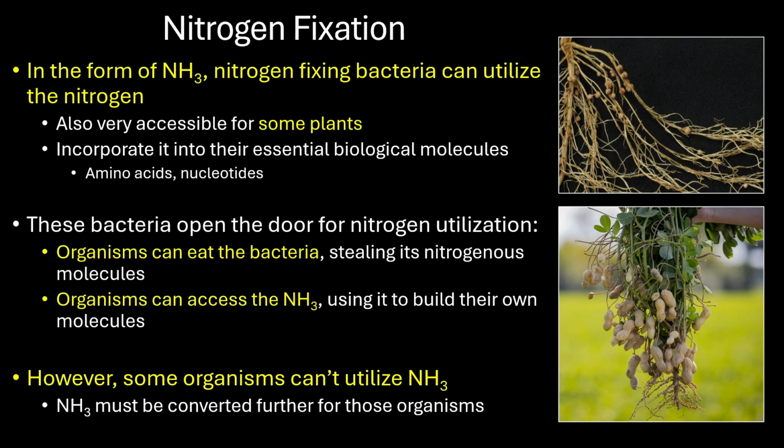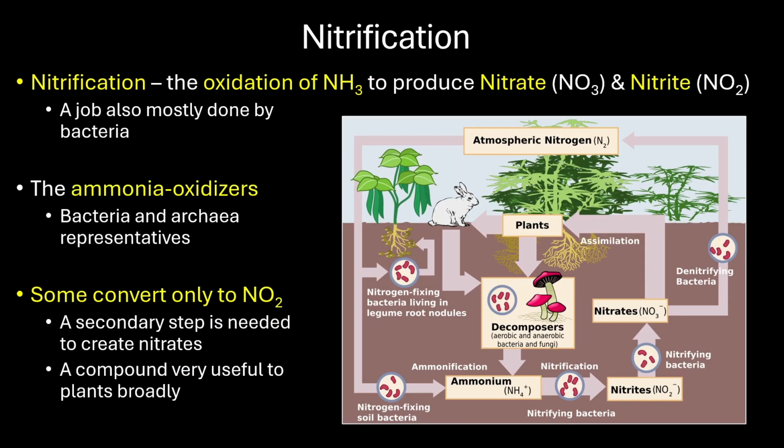However, some of these organisms can't use ammonia. They can't use NH3. They have to take that NH3 and convert it into something in order for it to be usable to them. This is where nitrification comes in. So this is a process by which some bacteria will strip off those hydrogens and attach lots of oxygens to them. And these bacteria can use that to produce nitrates and nitrites, otherwise known as NO3 and NO2.